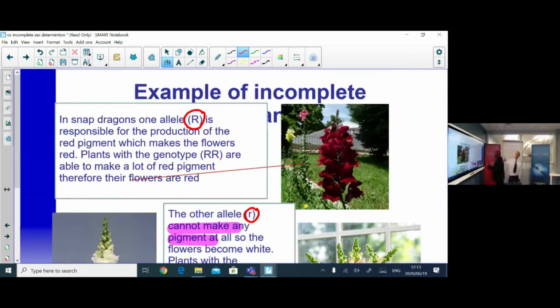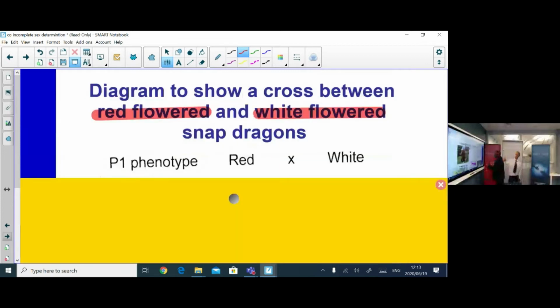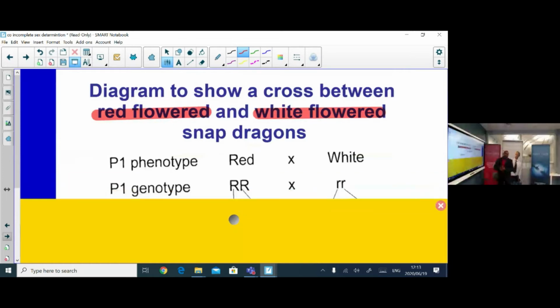Next step, phenotype of the parents: red and white. Who can tell me the genotype of the parents? Obvious, capital R R versus small r r.